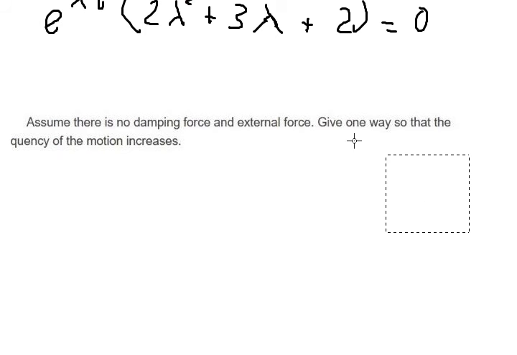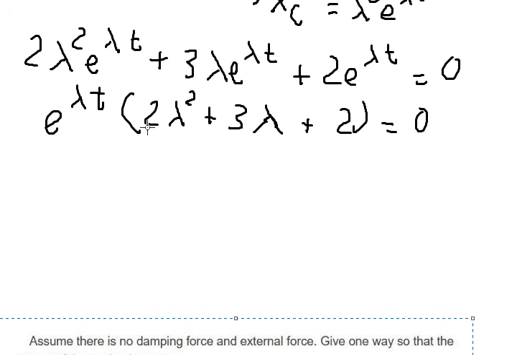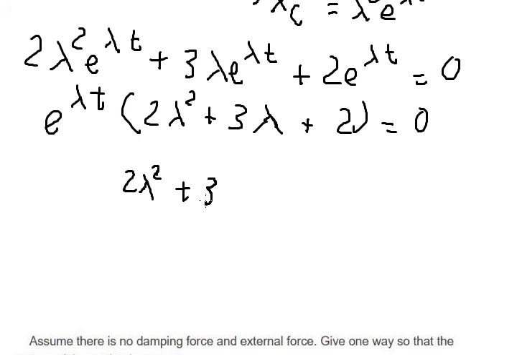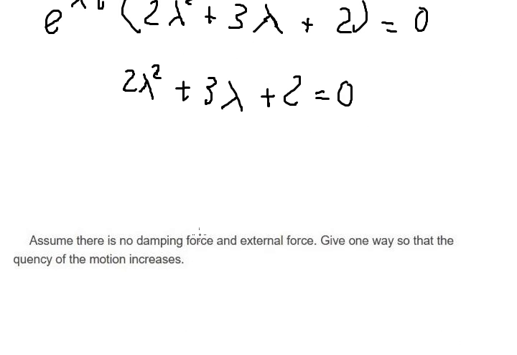So we need to find the solutions of this one. So we have lambda equals negative 3 over 4 plus the square root of 7 over 4 i.